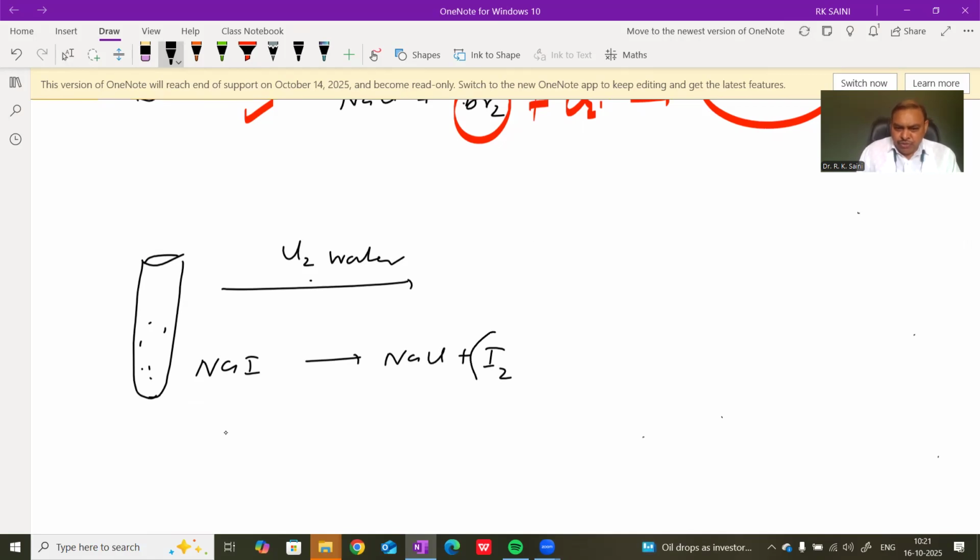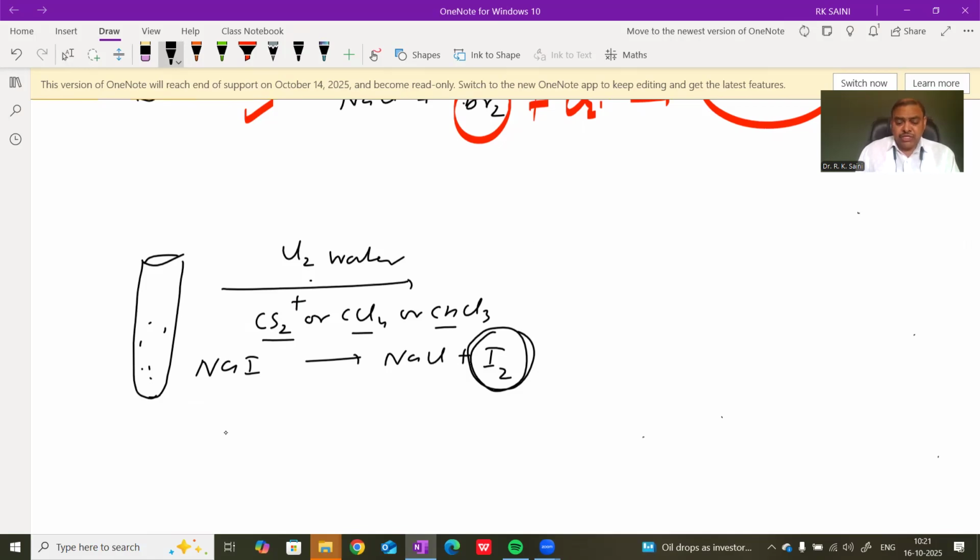To detect the iodine in this solution, we add some covalent solvent like carbon disulfide, CCl4, or chloroform. According to the like principle, covalent compounds are soluble in covalent or non-polar solvent.